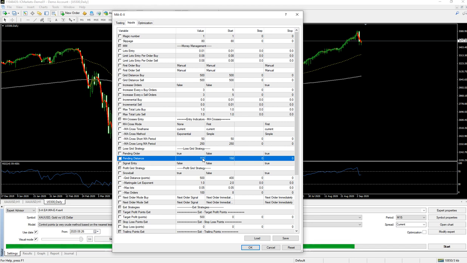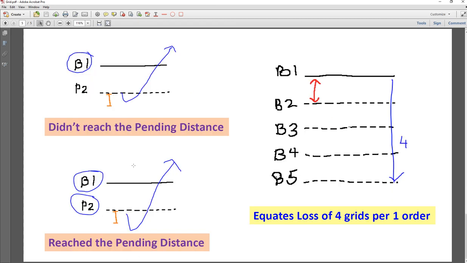But if you input some pending distance, let me show you. Sorry, this is the pending distance, and this is the grid distance. The market has to come down the grid distance plus the pending distance to make this P2 activate. Otherwise, it will not buy P2.